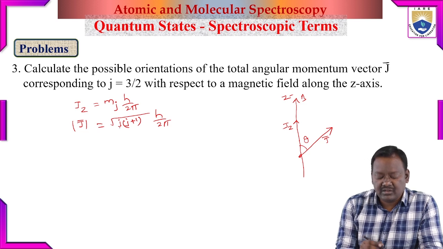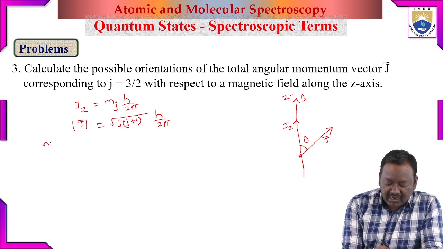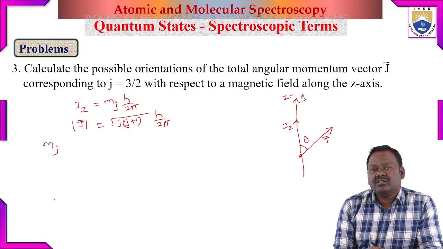Here j is the total angular momentum quantum number, also called the inner quantum number, and mj is the magnetic quantum number corresponding to the total angular quantum number.